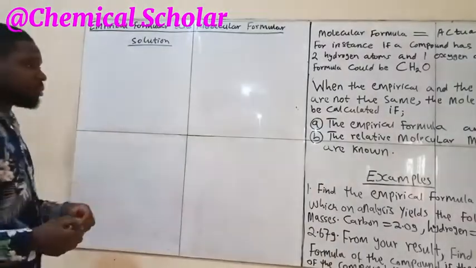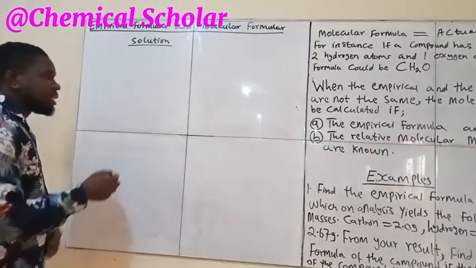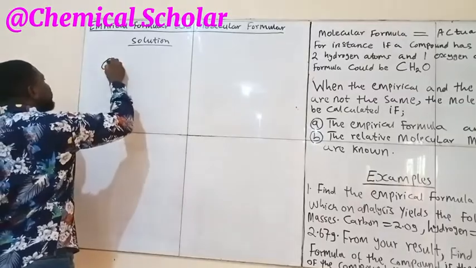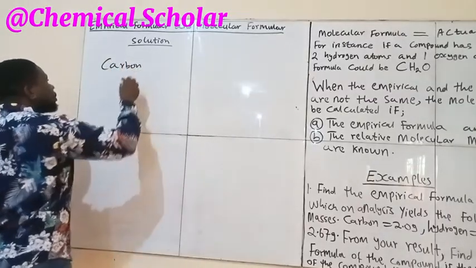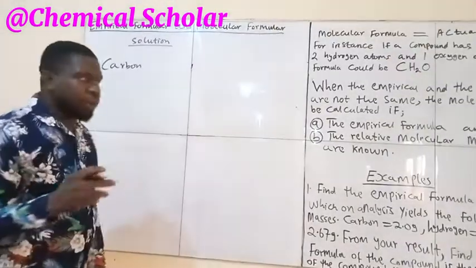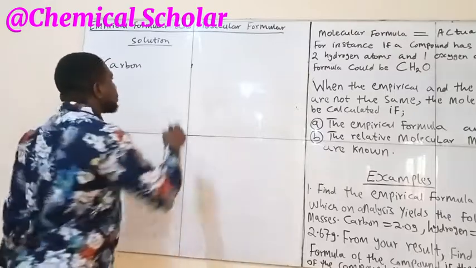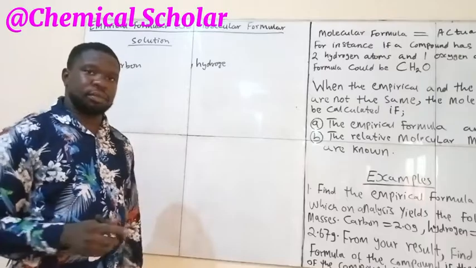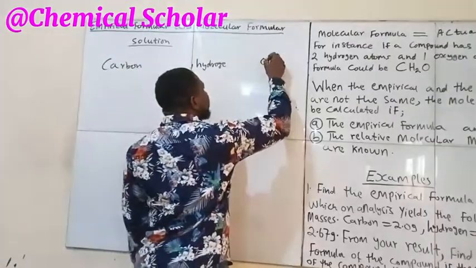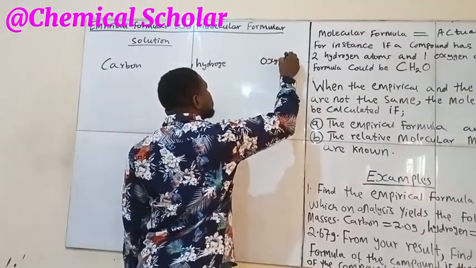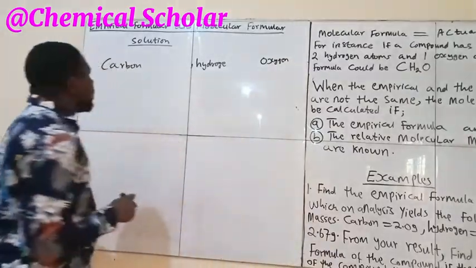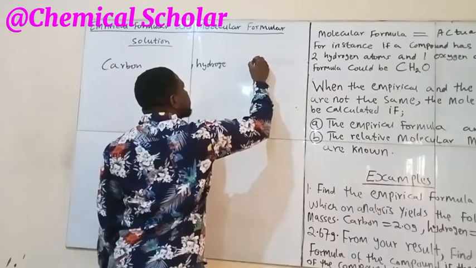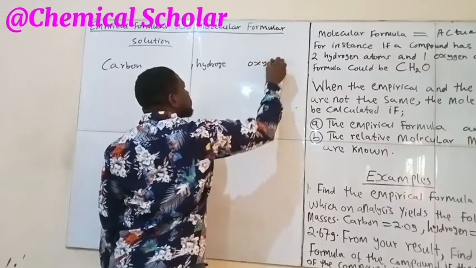The question said to find the empirical formula of the compound which on analysis yields the following reacting masses. So we have carbon, of course, we have hydrogen, and we have oxygen.